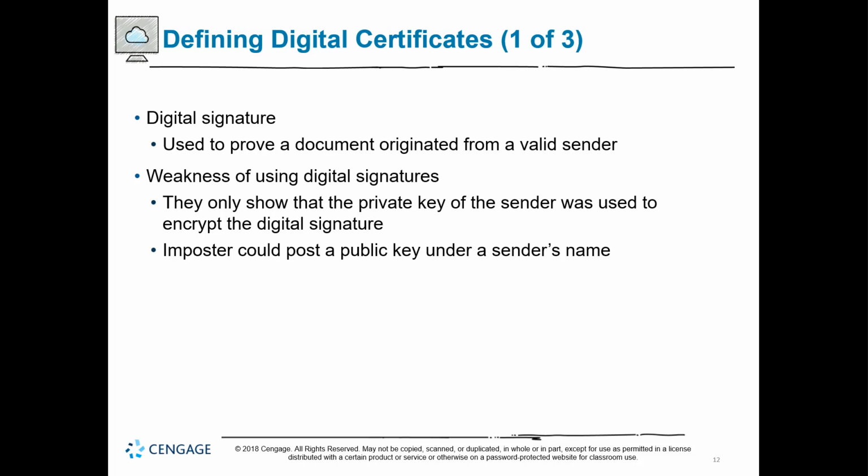There are some weaknesses to using digital signatures. They only show that the private key of the sender was used for the encryption in the digital signature, and imposters could post a public key under a sender's name, and that leads to additional issues.